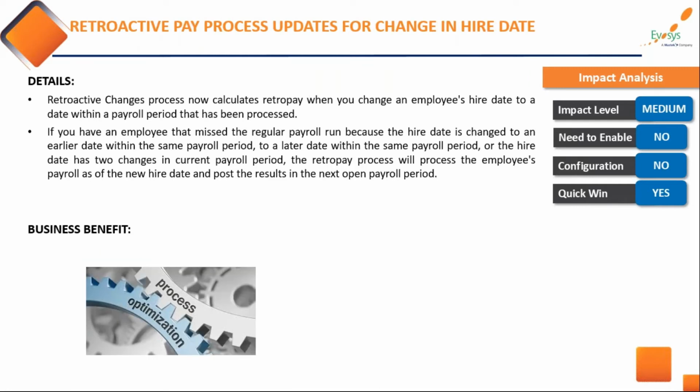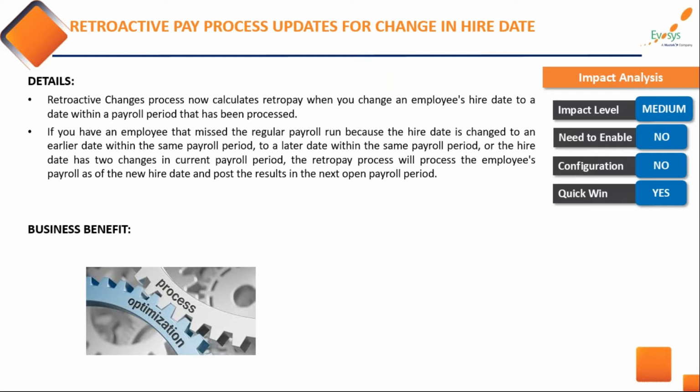The next feature is around retro, which I think is quite interesting. Previously, if you had a new hire and by mistake there was an error in the hire date, then that new hire's payroll might get impacted, and retro was not getting triggered if you changed the hire date.